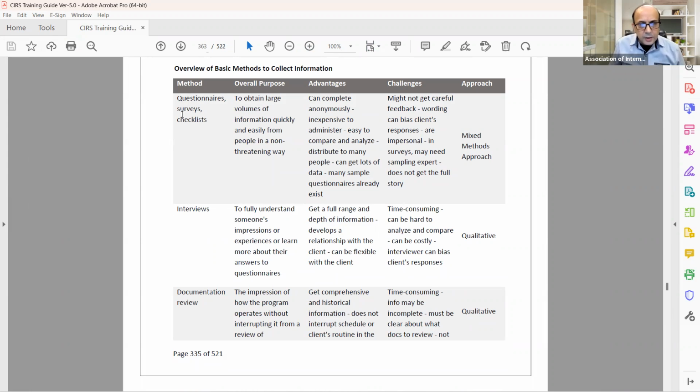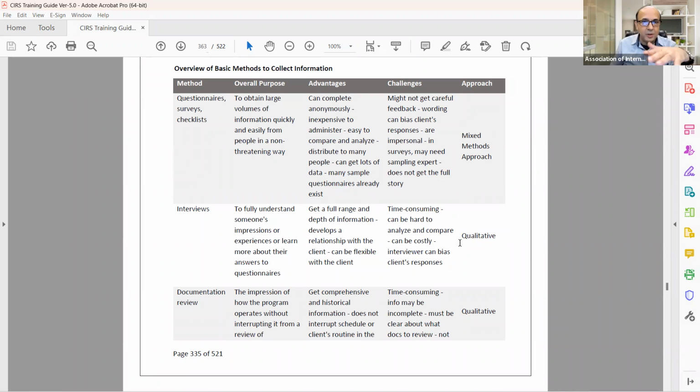If it is questionnaire surveys, it would require a mixed method approach. So there will be both qualitative and quantitative. Similarly, interviews would be more qualitative, and documentation reviews qualitative, with the highest weightage, where most of the questions can be qualitative. It doesn't mean that it would not apply mixed method.